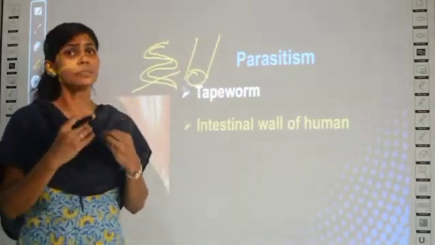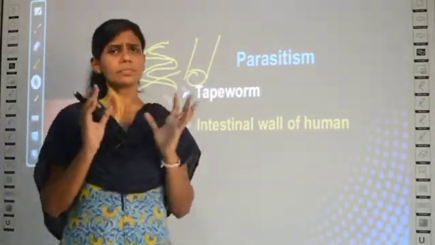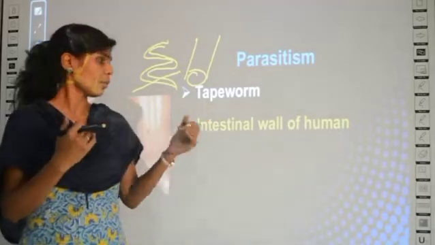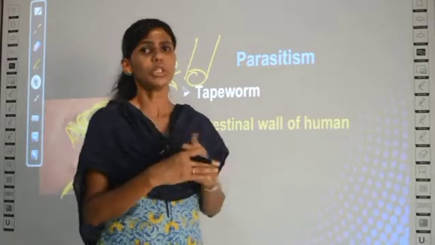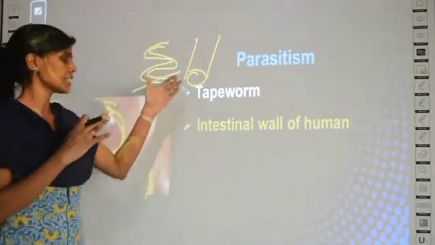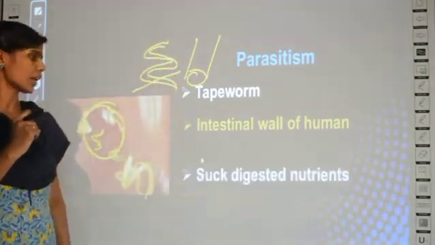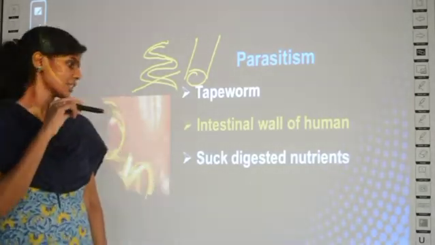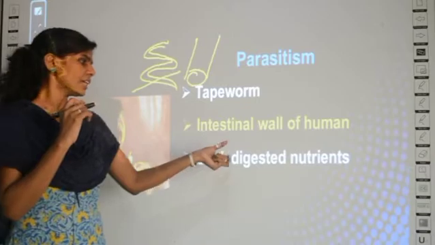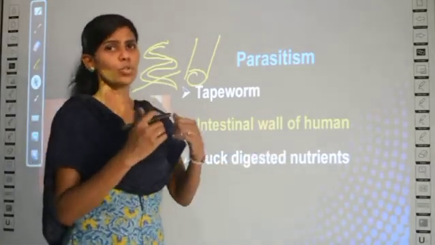Sometimes when we take unhygienic food, it gets into your body. So this tapeworm lives in the walls of the human intestine. I told you in this relationship, one is benefited and the other is affected. So they suck the digested nutrients from the human.